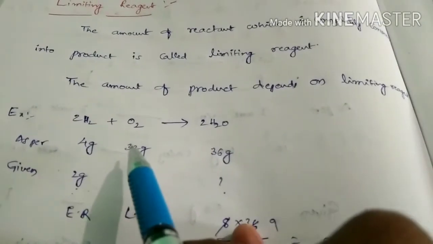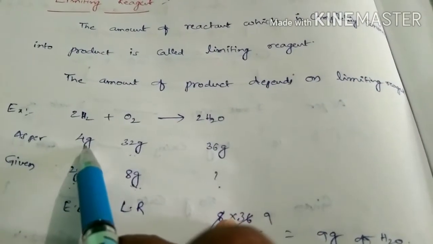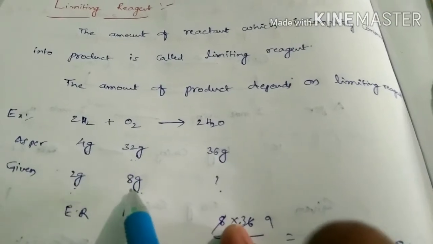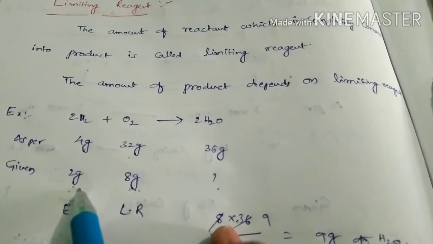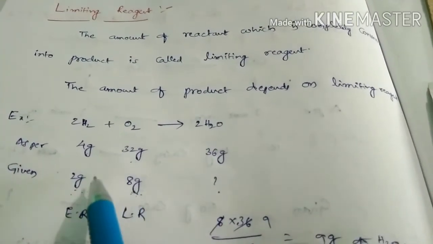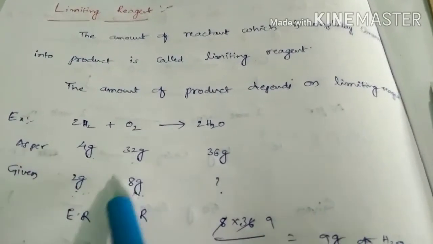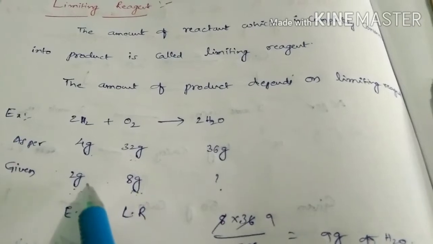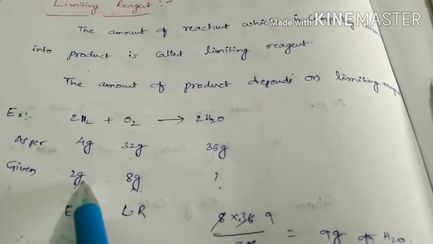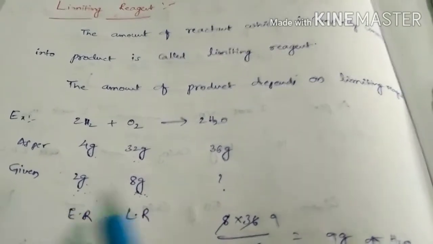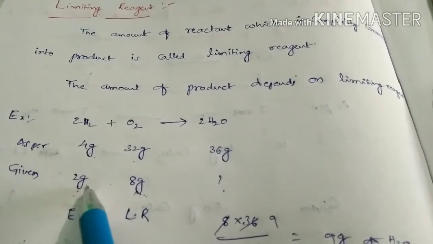For example, for 32 grams of oxygen, 4 grams of H2 is required. Then for 8 grams of oxygen, how much hydrogen? What is the calculation? 8 into 4 by 32, that is 32 by 32, which is 1. That means theoretically 1 gram of hydrogen is required for 8 grams of oxygen. But here 2 grams is the given amount.